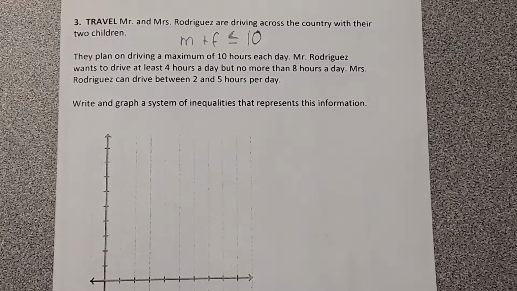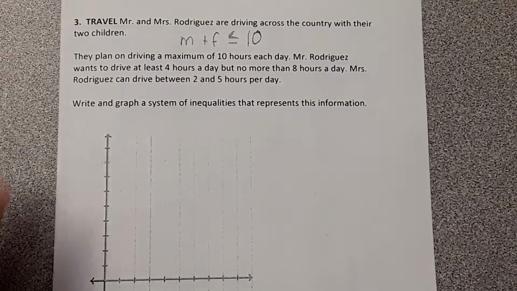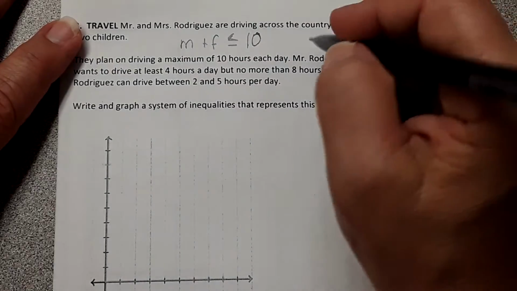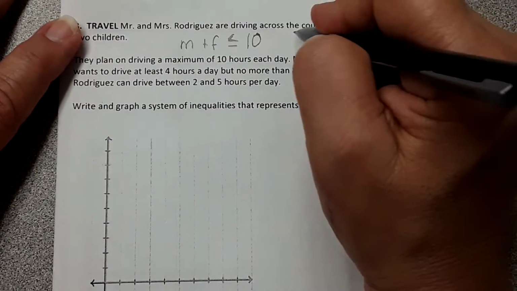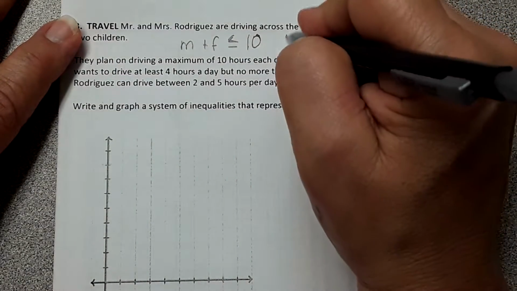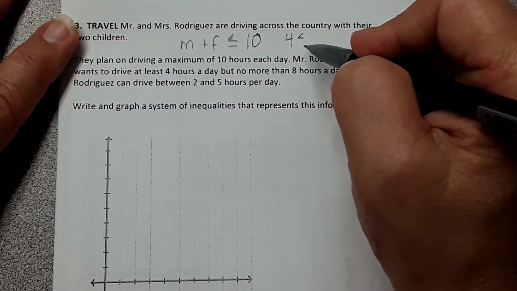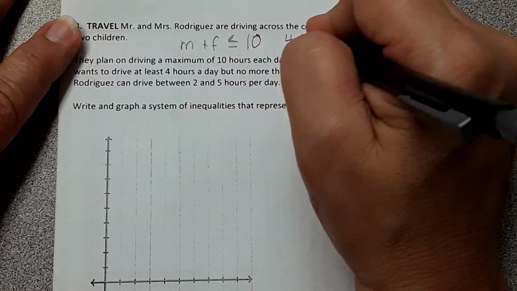Mr. Rodriguez wants to drive at least 4 hours a day, but no more than 8 hours a day. So M is for Mr. Rodriguez. And so he wants to drive how much? Between 4 and 8. Will he drive 4? Yep.